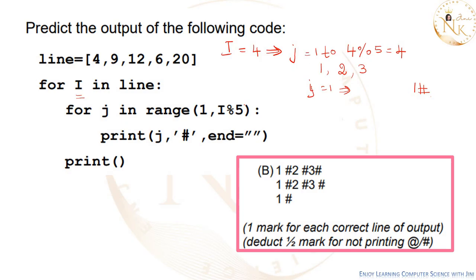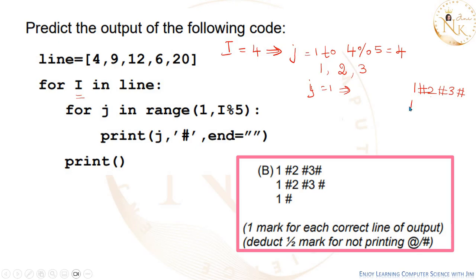When J is equal to 2, 2 hashtag. When J is equal to 3, 3 hashtag. That's all, because J has 1, 2, 3 only. After executing this inner for loop, the next one is an empty print statement. That means the next output will be in the next line.